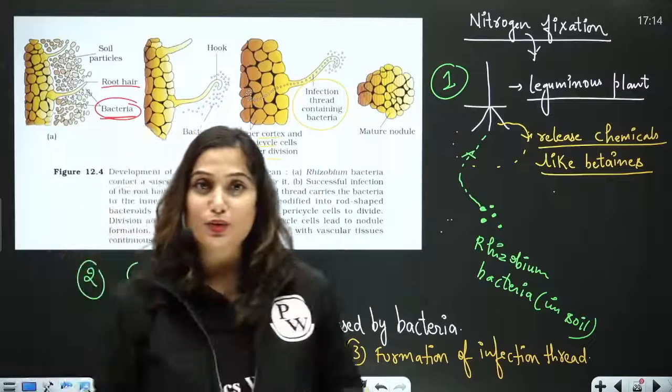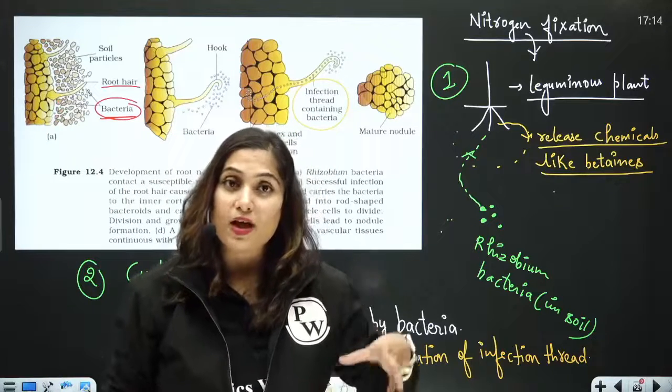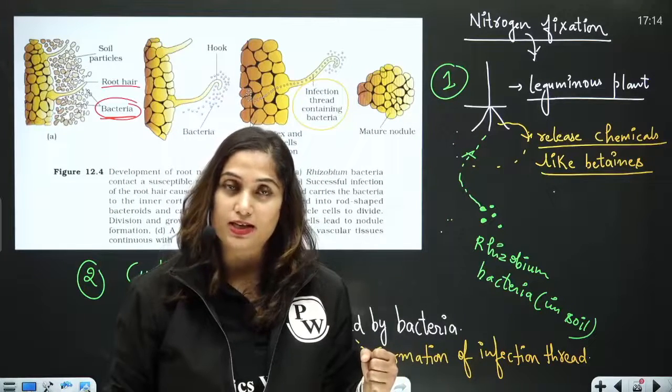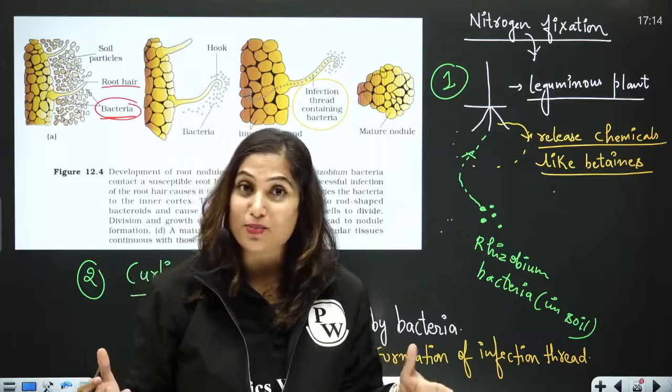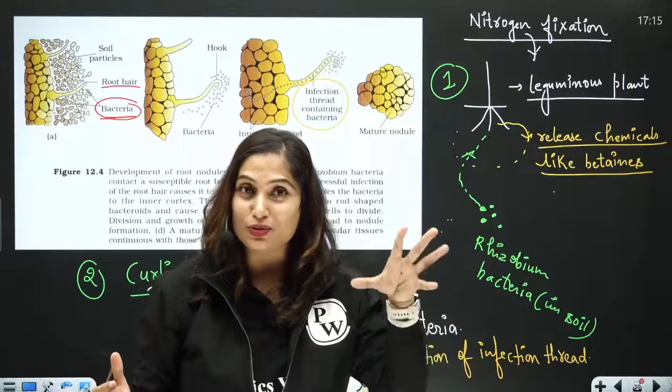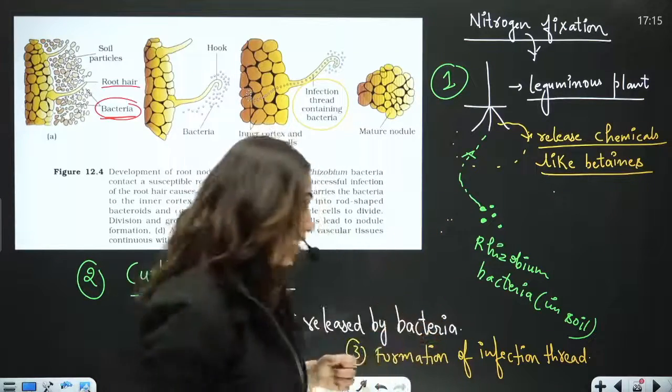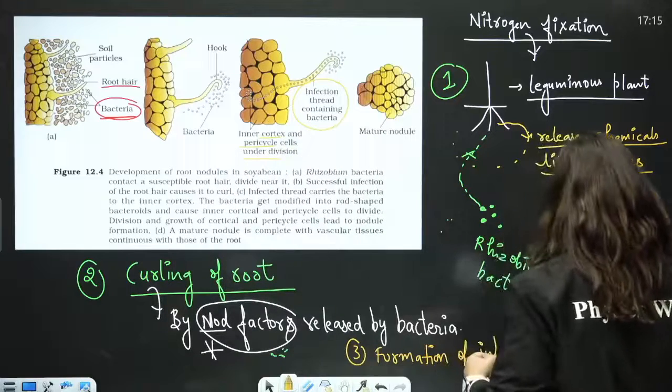And what does it do? You know that parenchyma is present in the cortex and pericycle, and parenchyma is not a dividing tissue, right? So what happens over there? Let's see.